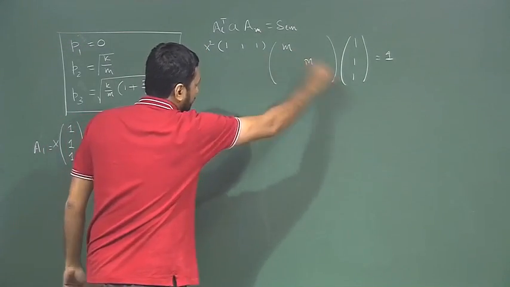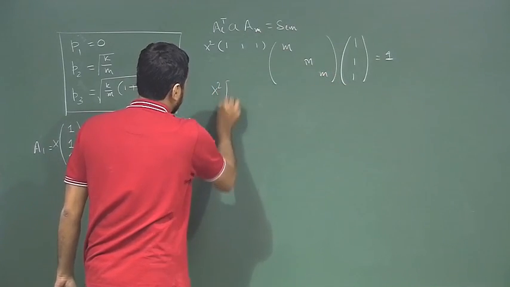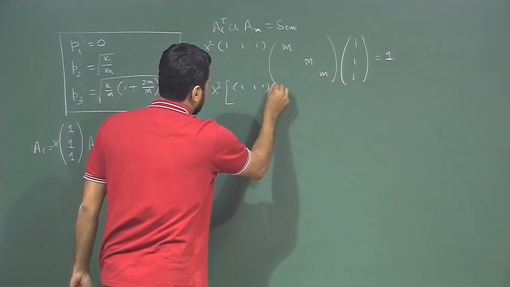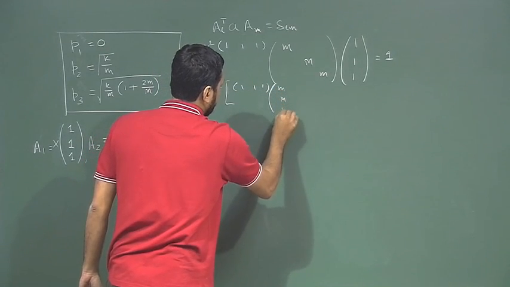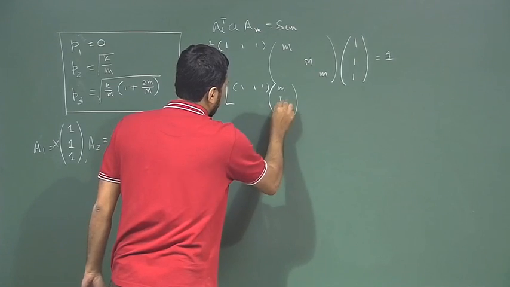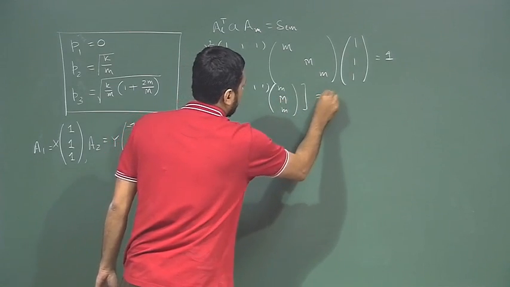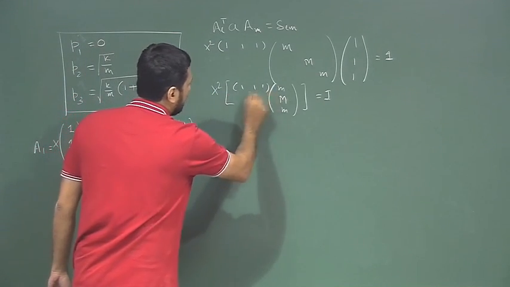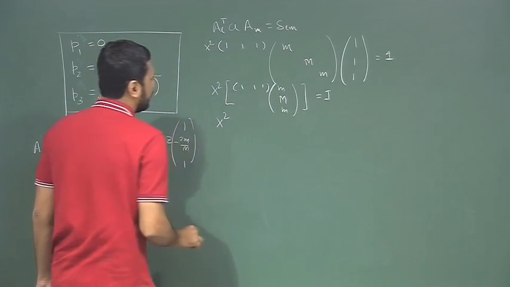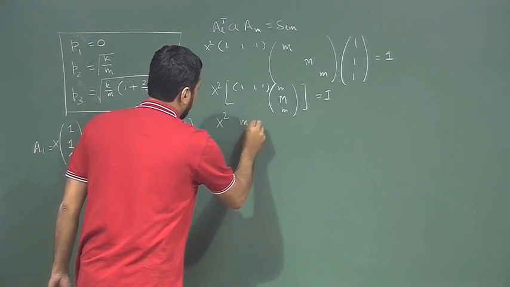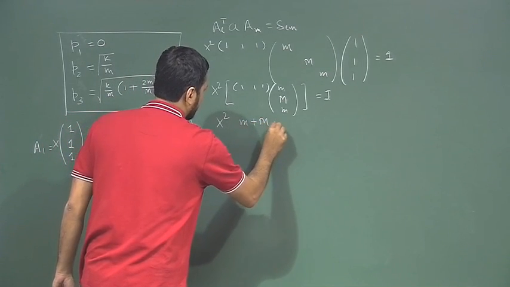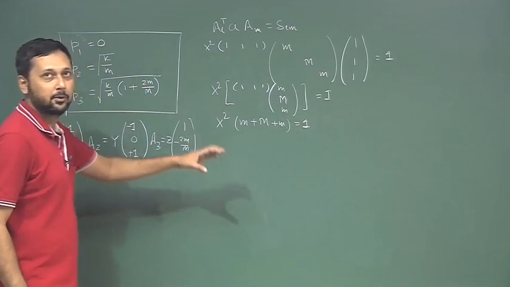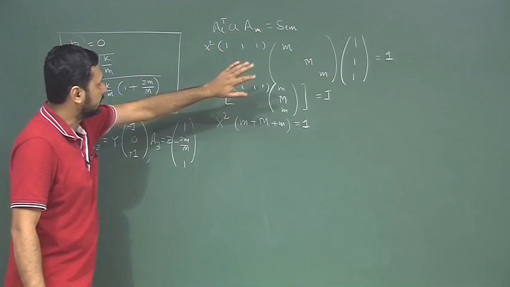Now, if I perform this calculation, this will be x square times (1 1 1) capital M (1 1 1) equal to 1, which will be x square times m plus m plus m, equal to 1. I am just doing it explicitly, probably you already know how to do this calculation.